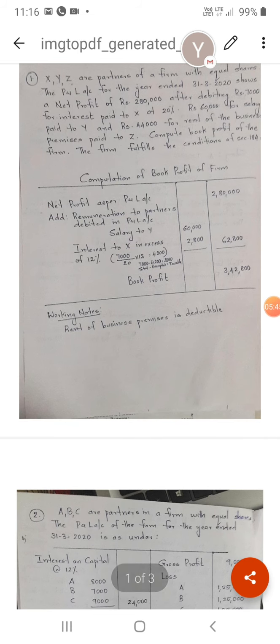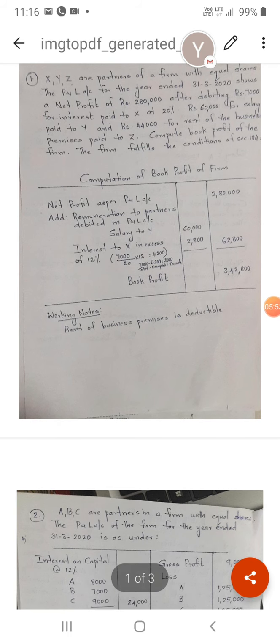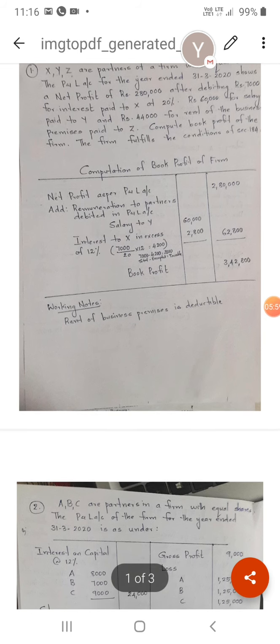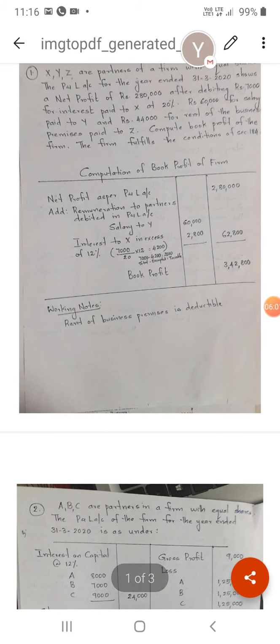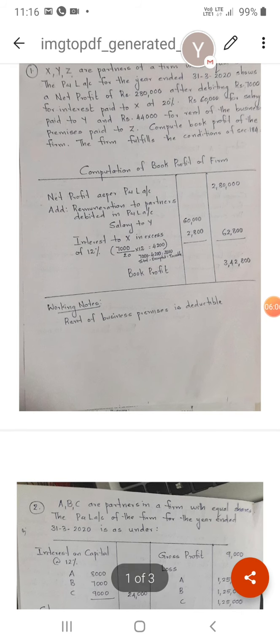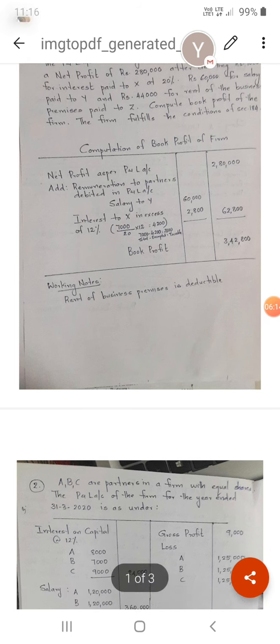The question only asks to find out book profit. The firm fulfills the conditions of section 184 as its application or benefit while computing the total income of the firm. But here the question is not demanding to calculate total income, so we need to calculate only book profit. The last sentence, that the firm fulfills the conditions of 184, mainly focuses on the next part, and this question deals with the first part, that is book profit.